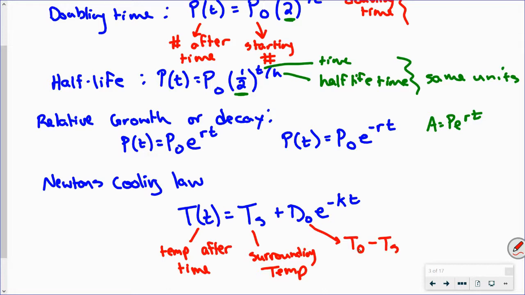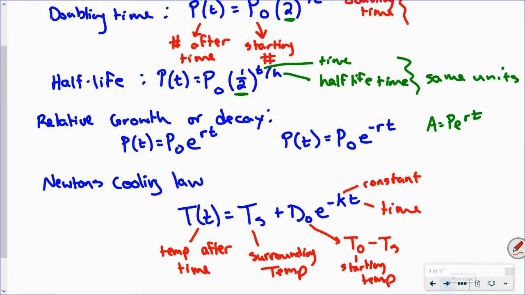So T naught is your initial, your start temperature. K is some constant. It depends on the material that we're talking about, and T is time. Okay, and then I guess I'll put T naught is starting temperature. Okay, so these are 5 equations that we're going to use going through these word problems.